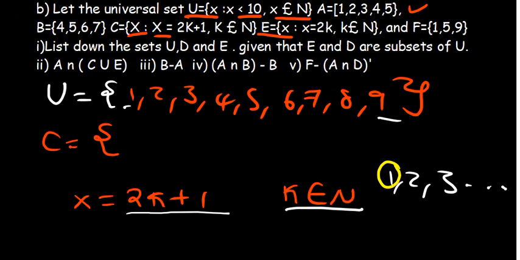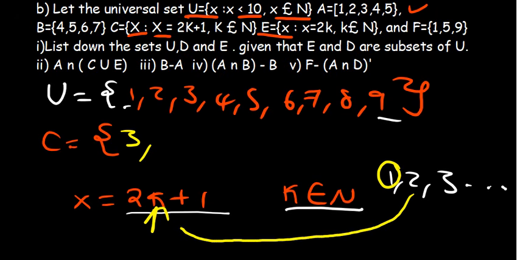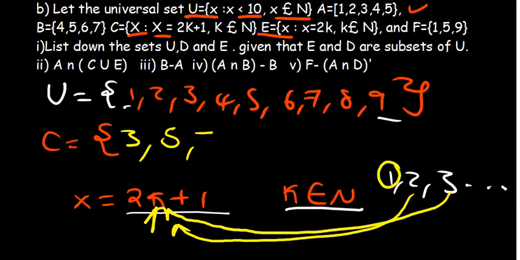If I put a 1 there, 2 times 1 is 2, plus 1 is 3 as our first member. Then I can also get a 2, plug in a 2 there. 2 by 2 is going to be 4, plus 1 is going to be 5. I can also get a 3, plug in there. 3 by 2 is going to be 6, plus 1 is going to be 7.